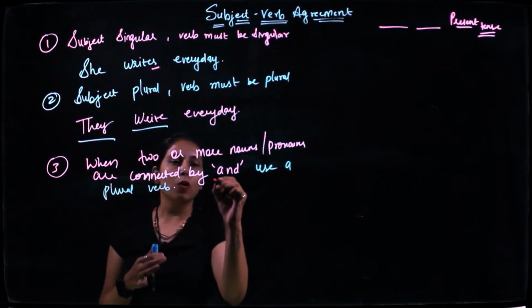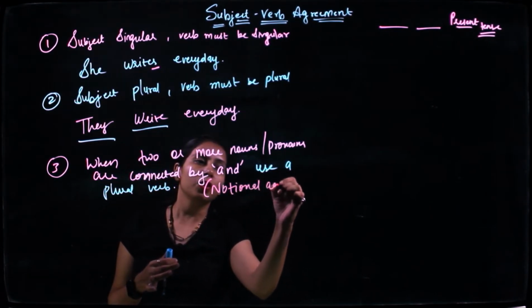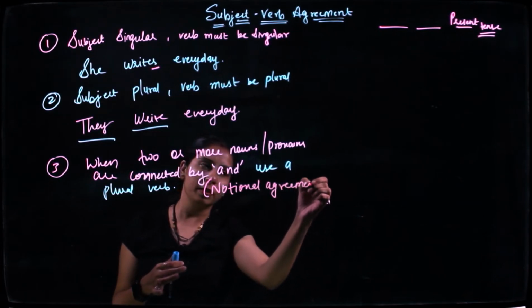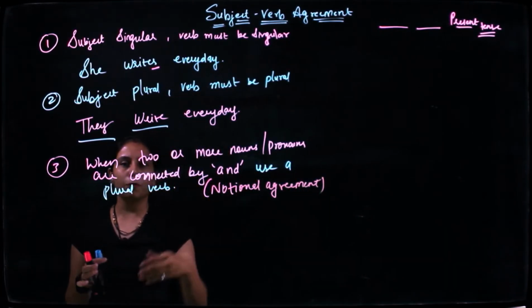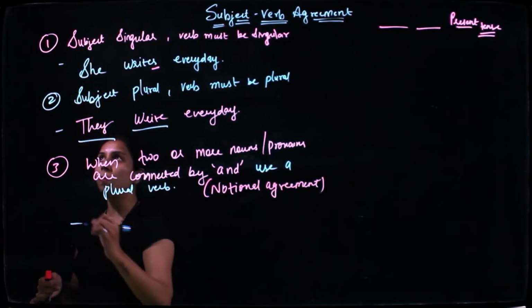This is what we call notional agreement. You can also call it by that name, or you can just follow the rule as it is given. I would talk about the example right now.